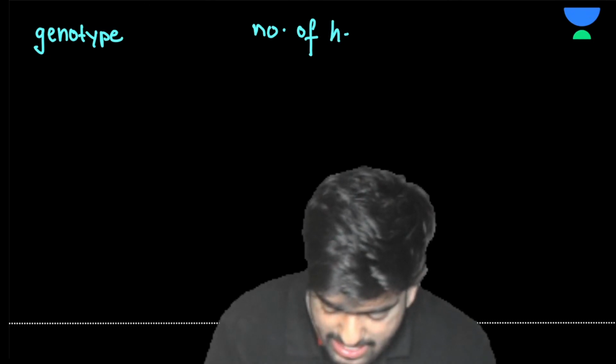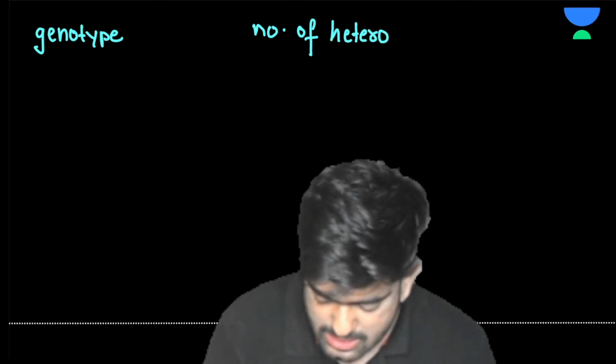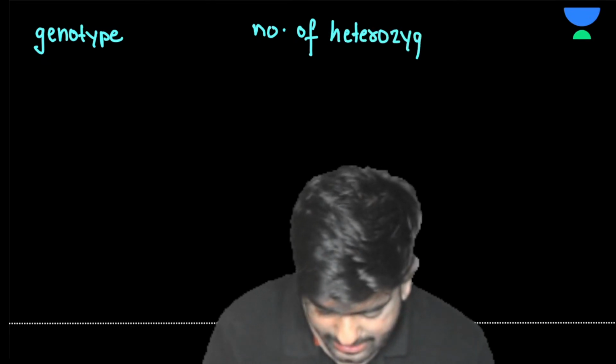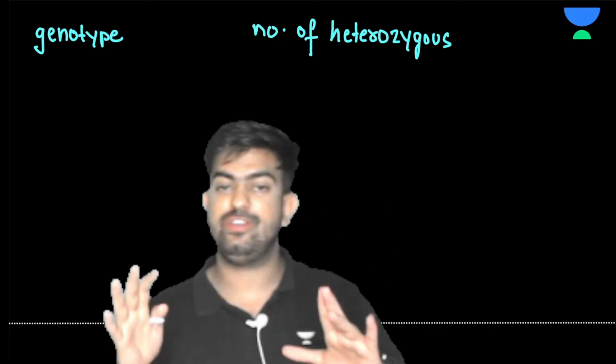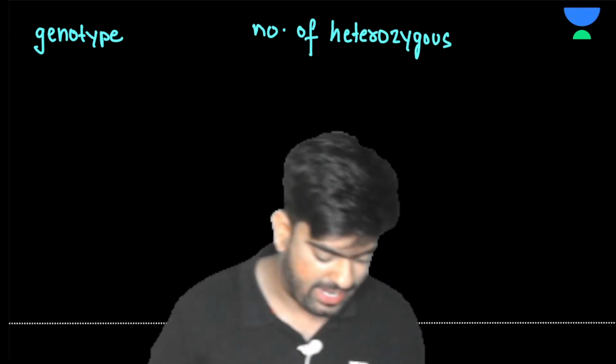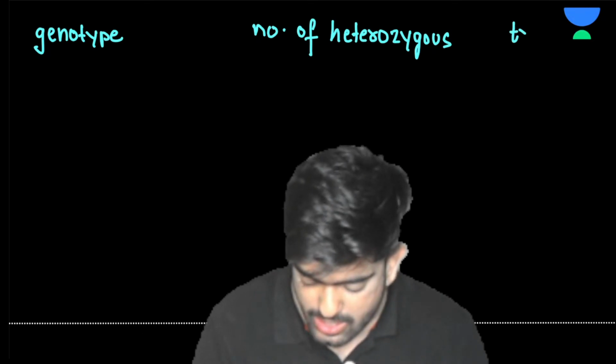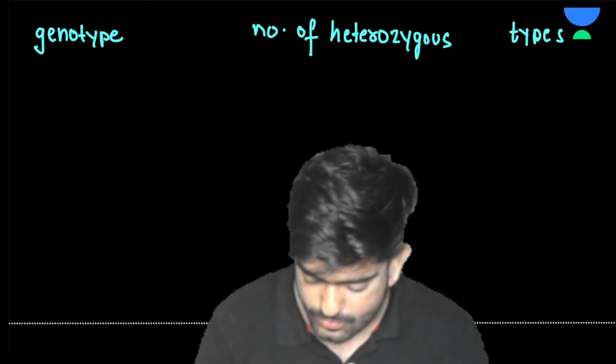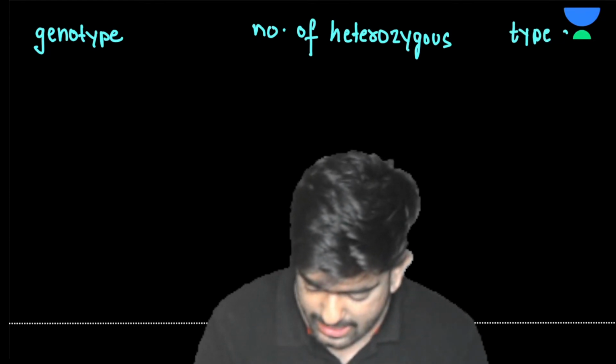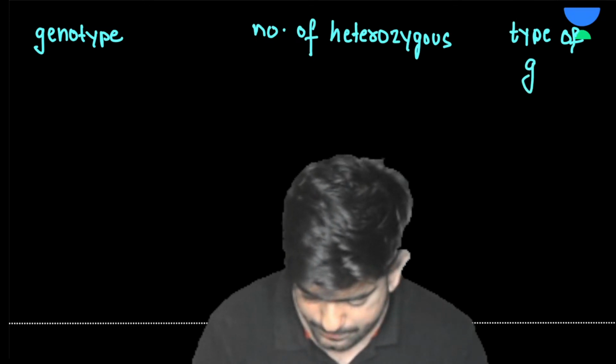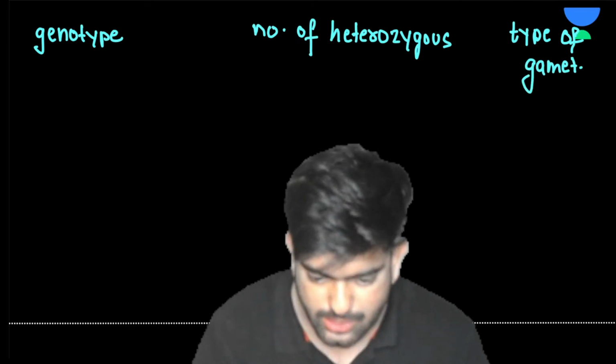So number of heterozygous pairs. Okay, sir, we will get it. Next, we are going to write the types of gametes. Clear? Great. Next what, sir?